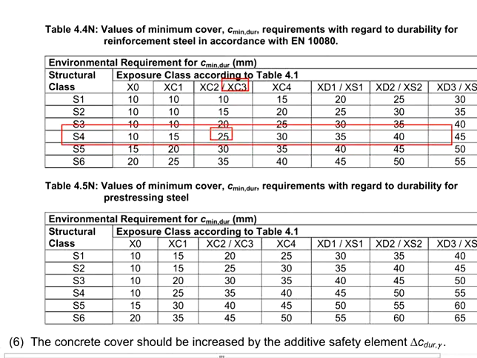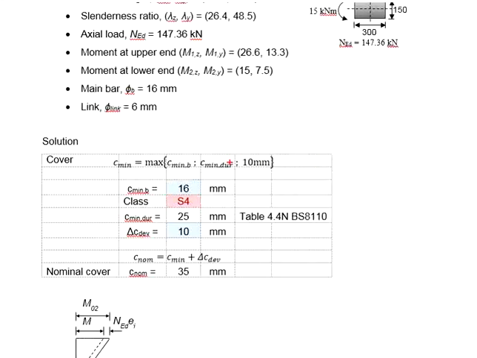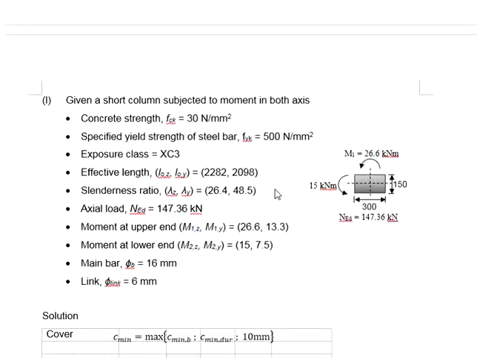You know that your C-min,dur equals 25. Now this is 16, this is 25, and you have 10 mm. You use the largest value of the 3. That gives you C-min equals 25, plus the deviations 10 mm. Your nominal cover will be 35 mm.